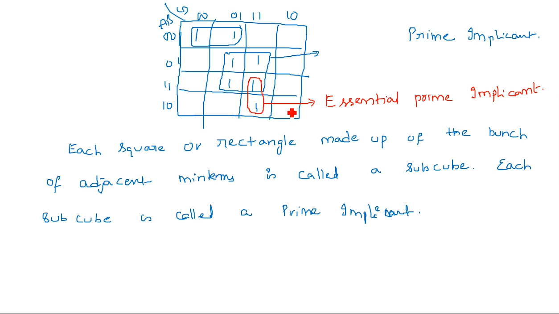Okay, suppose I have one more one here in this last box. Then it could not be essential prime implicant. Okay, depends on the presence of adjacent ones. The name of the prime implicant will be varied as essential prime implicant, selective prime implicant, or redundant prime implicant.